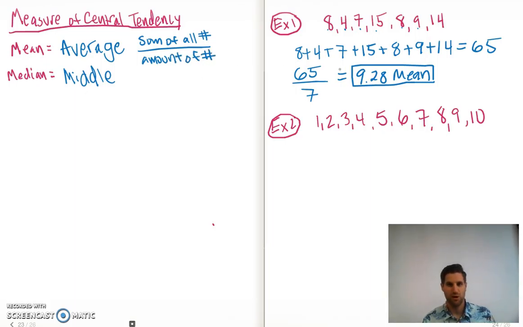So I sum them all up and I divide by how many I actually have. Make sense? So anyways, like I was saying, we sum all the numbers and then divide by the amount of numbers that we have.